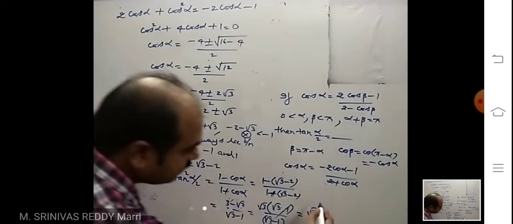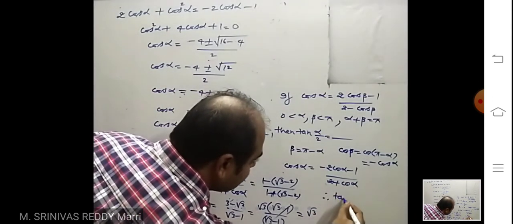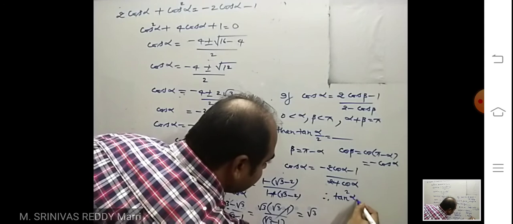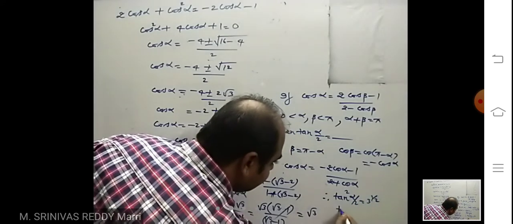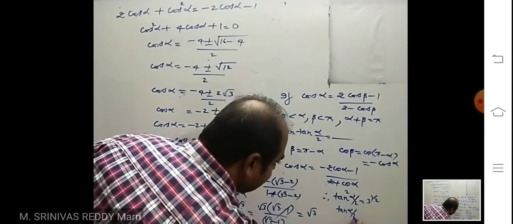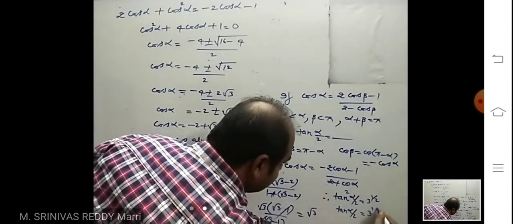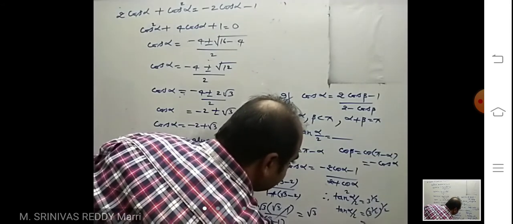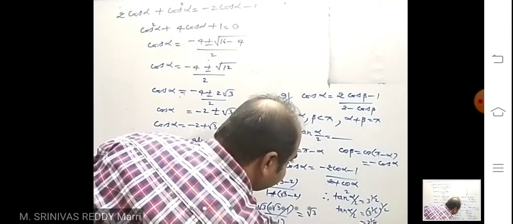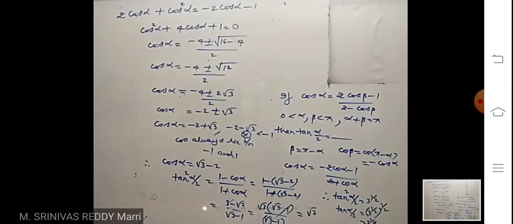Therefore, you got tan square alpha by 2 equals 3 power 1 by 2. Therefore, tan alpha by 2 is 3 power 1 by 2 whole power 1 by 2, which is 3 power 1 by 4.